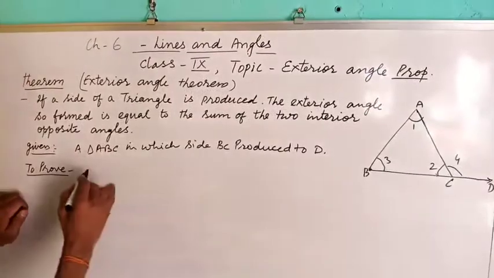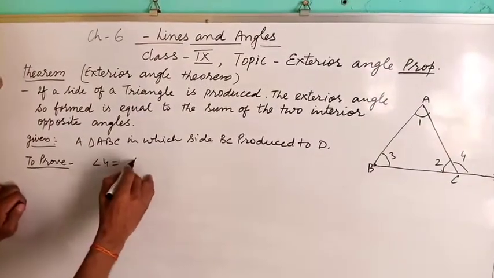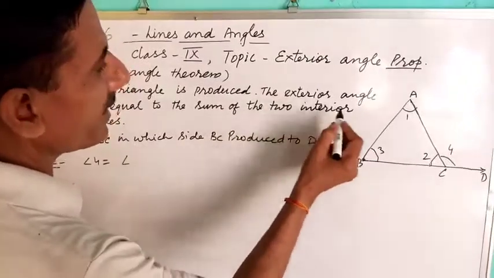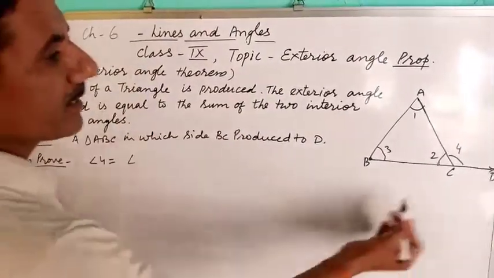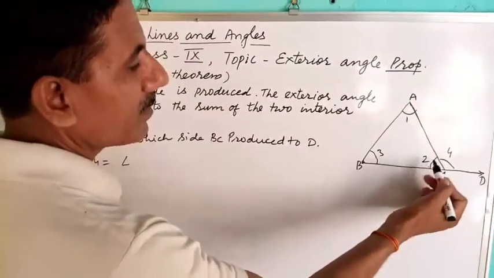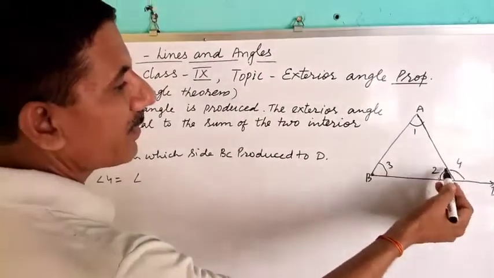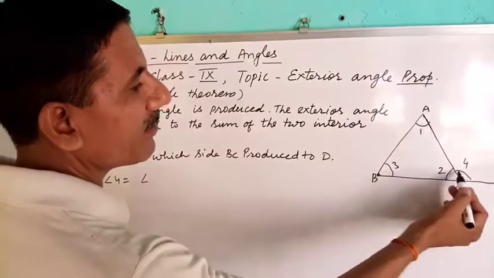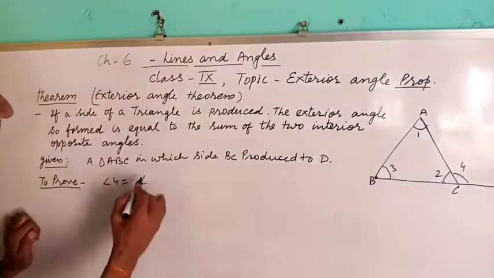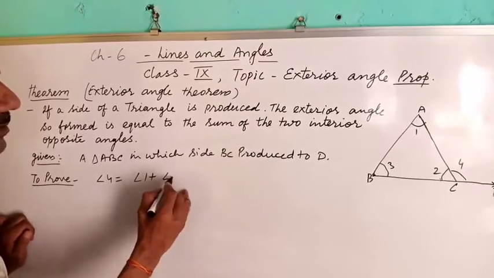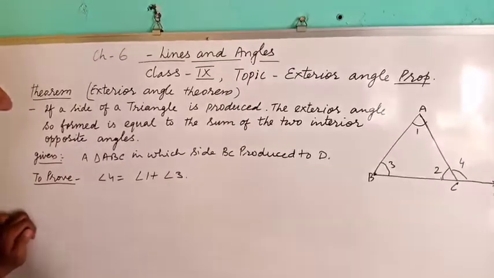Angle 4 is equal to the sum of the two interior opposite angles. This is the linear pair. So angle 4 will be equal to angle 1 plus angle 3. That is our theorem.